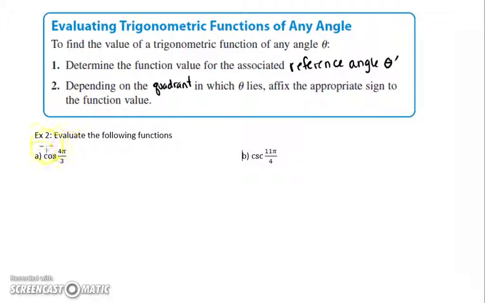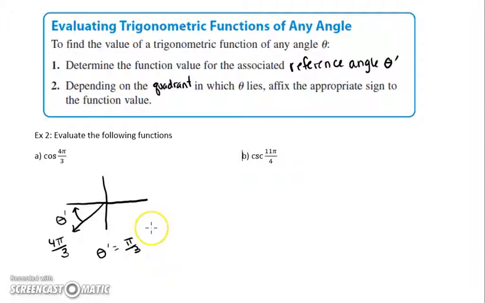So cosine of 4 pi over 3, we should know that's on our unit circle what the value of that is. But using reference angles, if we want to, 4 pi over 3 is going to be down here. So we know that this reference angle here, theta prime, is going to be pi over 3. So if we think about the cosine of pi over 3, we're going to get 1/2.